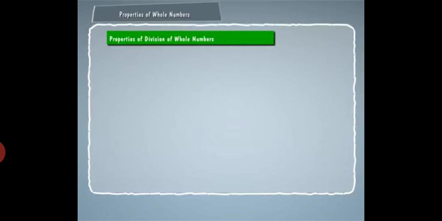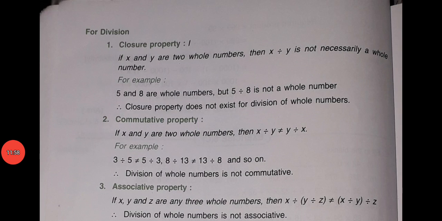Next, coming to the properties of division of whole numbers. You all know the first property is closure property. It says if x and y are two whole numbers, then x divided by y is not necessarily a whole number. For example, if you take x as 4 and y as 2, so 4 divided by 2 is equal to 2.